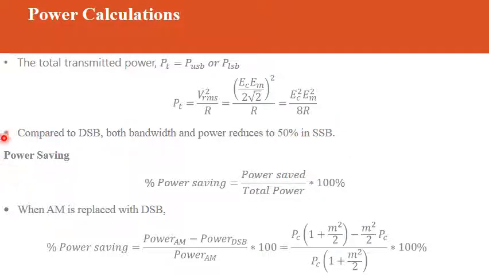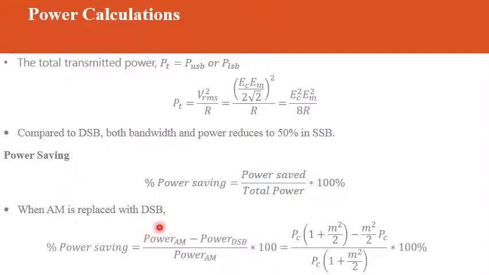Now we'll discuss the power saving in the case of single sideband. The equation for the percentage of power saving is equal to power saved divided by the total power into 100. So when conventional AM is replaced with double sideband, the percentage of power saving is equal to the total transmitted power for the conventional AM minus the power for the double sideband, divided by the power used for the conventional AM, into 100.